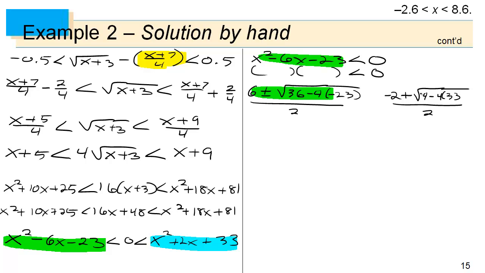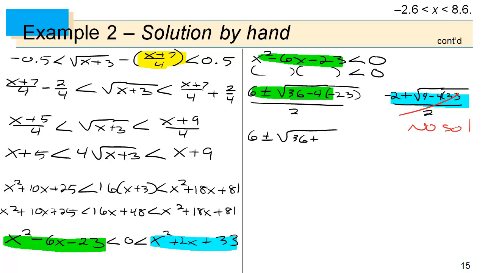And you can see right off the bat we're going to have 4 minus a big number. This is going to be a negative number in the square root. And so the blue one ends up having no solution. At least no real solutions, right? These would be imaginary numbers. So that's nice because now we only have to worry about concentrating on this one. 6 plus and minus the square root of 36 plus 4 times 23.